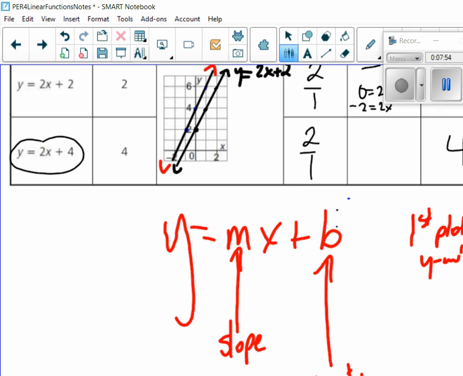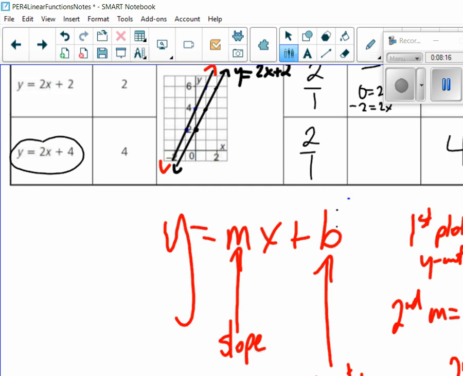Your y-intercept. Then use your slope, your rise over run, to get your second point. You see how I did that? I put a point on 4, up 2 over 1, got my second dot, connected the line.